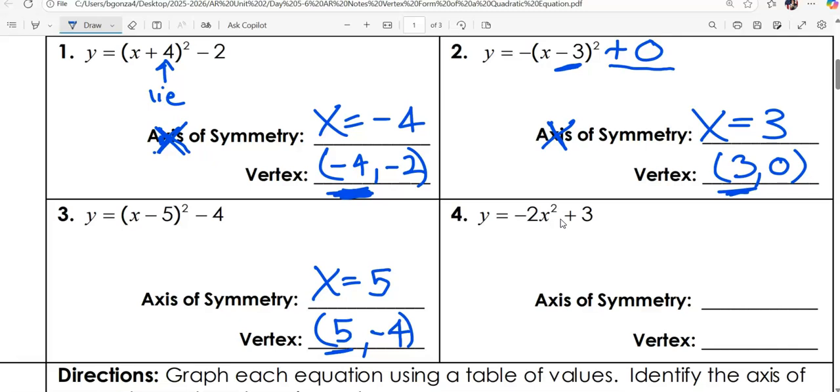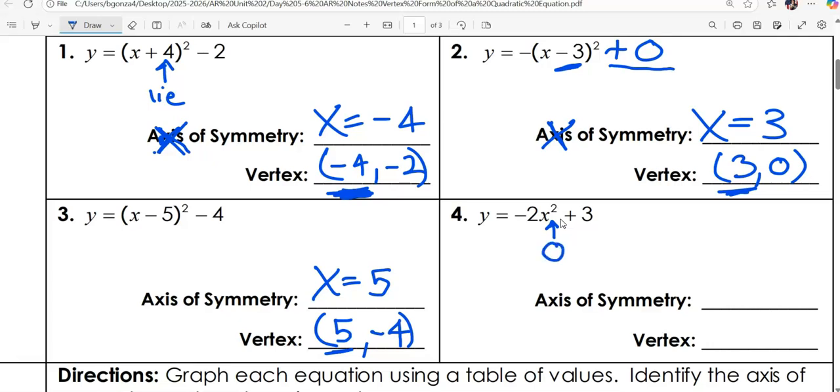Now, one more weird one. What's weird about this one compared to the others? Yeah, there is no parentheses, all right? It's like something's missing right here. What's missing? There's no number. What should be there? 0.